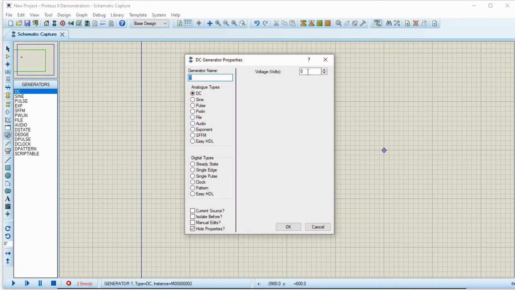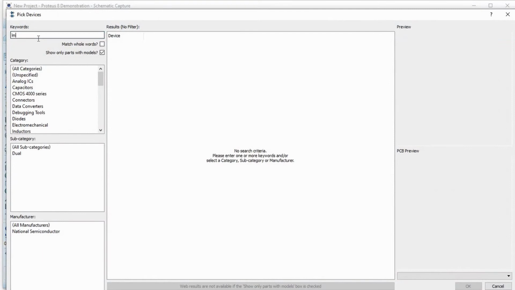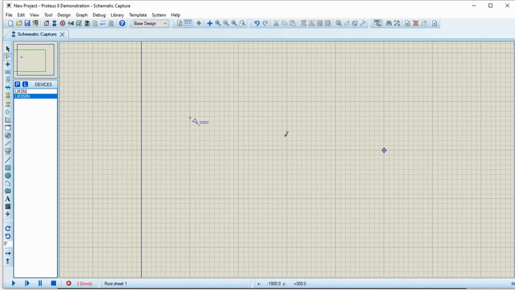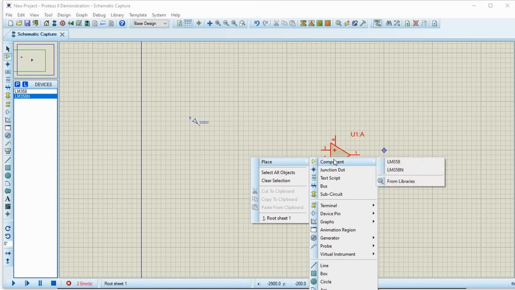Let's quickly simulate and see how an op amp works. Supply, let's give it 5 volts. Then let me take an LM358. Now to the positive input, let me use a voltage divider so that we fix it to 2.5 volts. You can do it to the positive or negative. Let's do it to the positive.